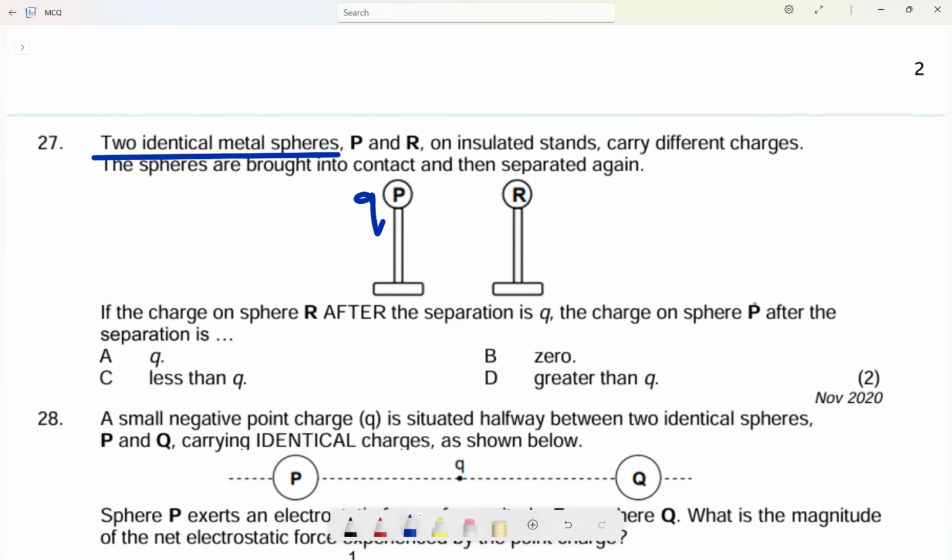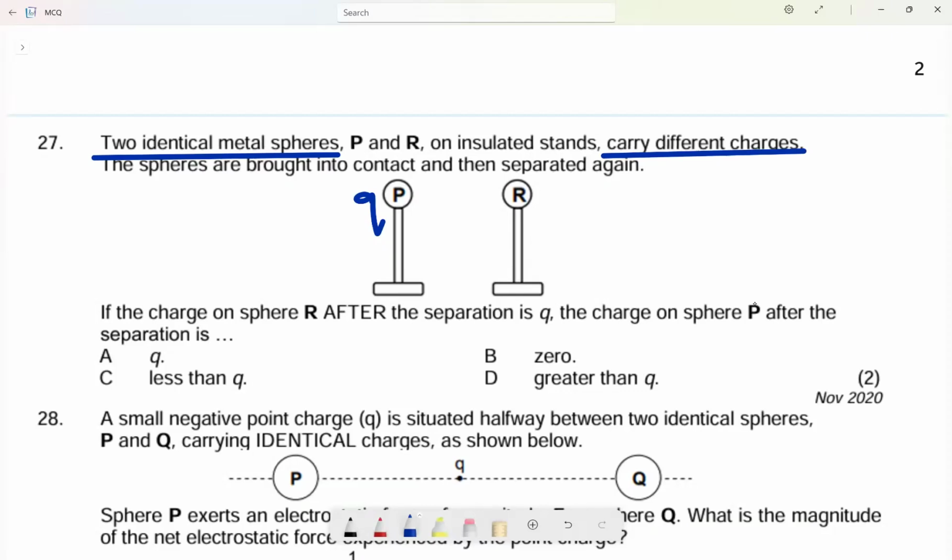They are identical, and they carry different charges.